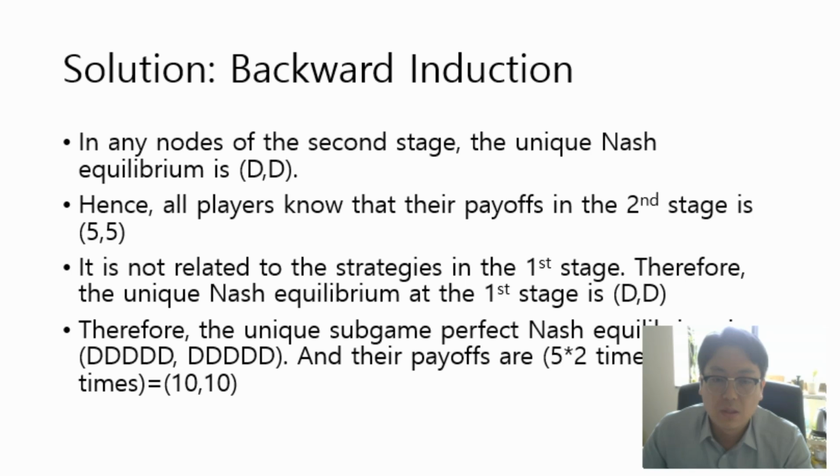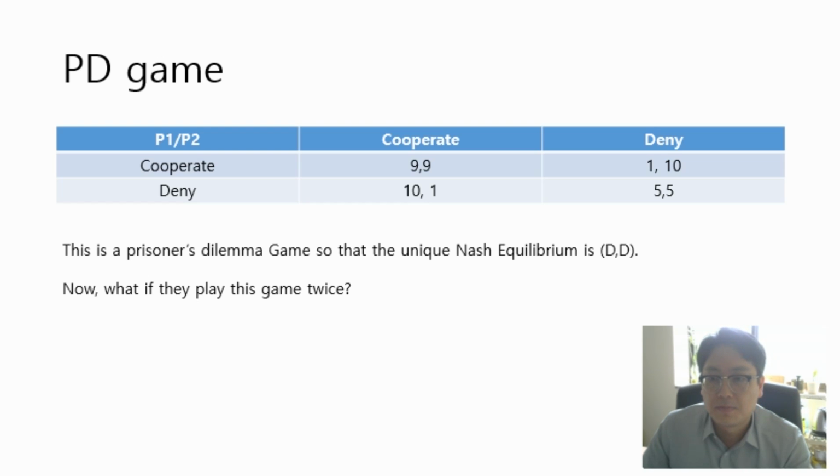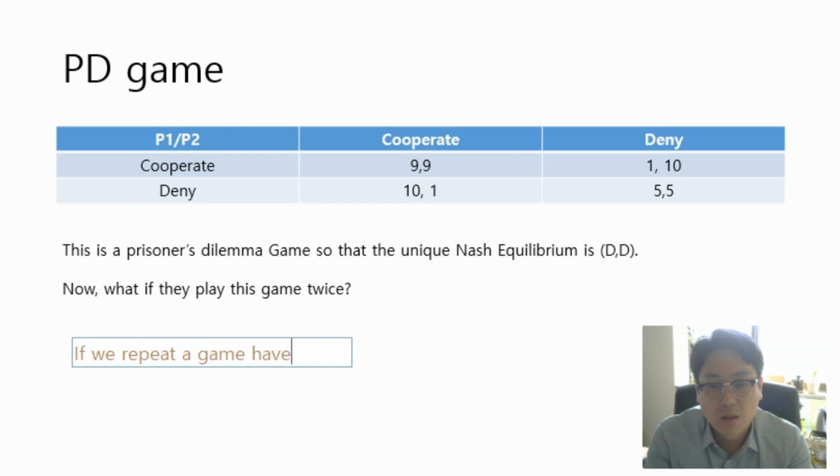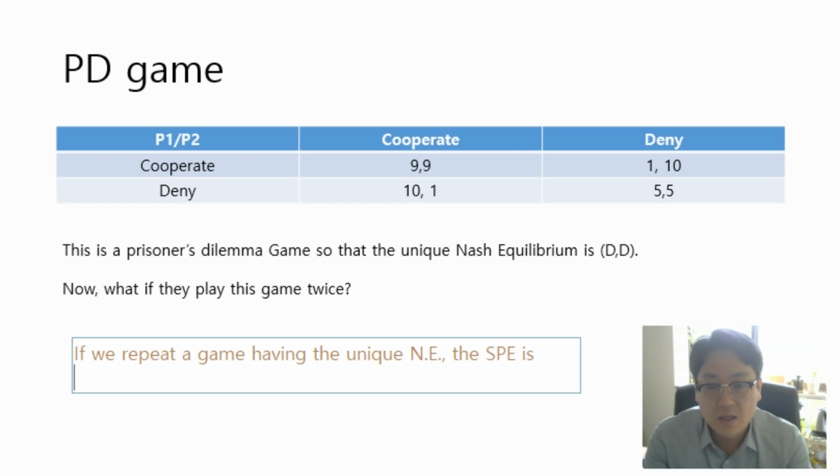So what it means, if we expand this idea a little more: if we repeat a game having a unique Nash equilibrium, or just only one Nash equilibrium, then the subgame perfect Nash equilibrium, SPE, of that game is to keep playing that Nash equilibrium strategy.